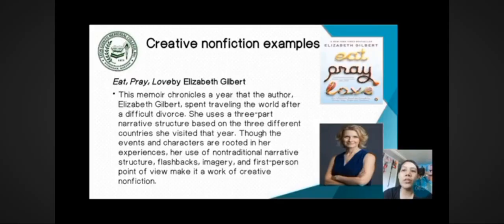Though the events and characters are rooted in her experiences, this memoir is her experiences, and then she incorporates some travel writing in her narrative. Her use of non-traditional narrative structure, flashbacks, imagery, and first-person point of view make it a work of creative nonfiction.